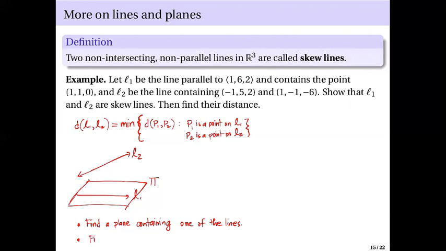So find the distance between the plane and the other line. This is what we're going to do in order to find the distance between two skew lines.